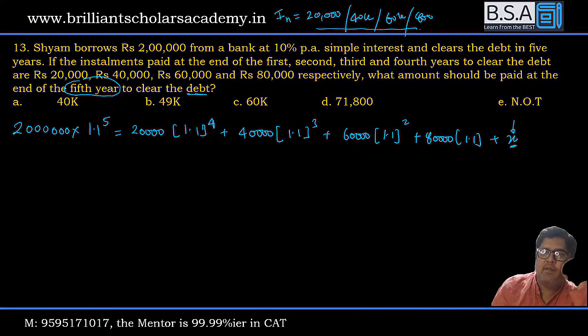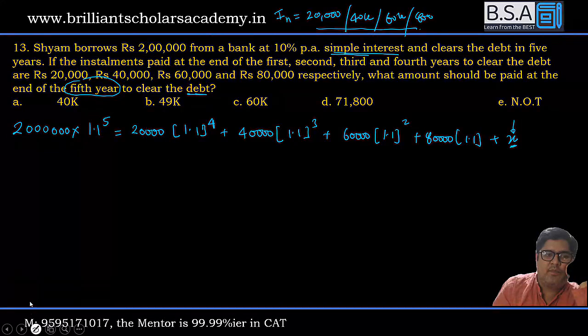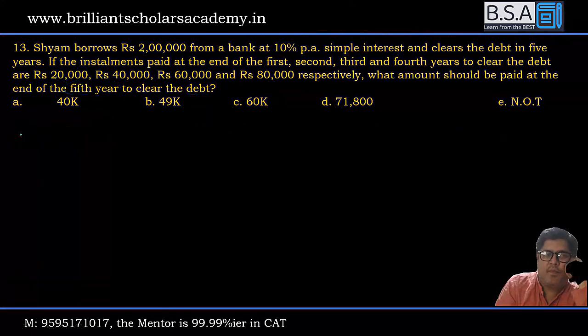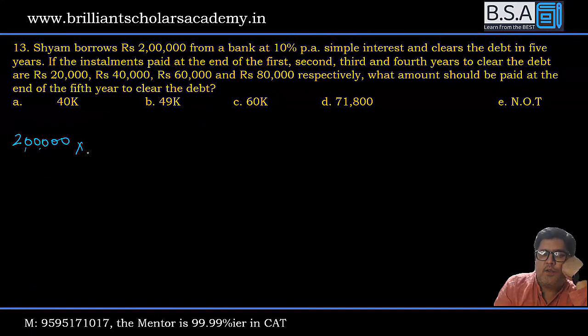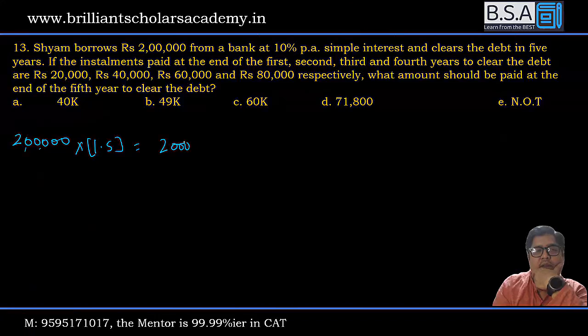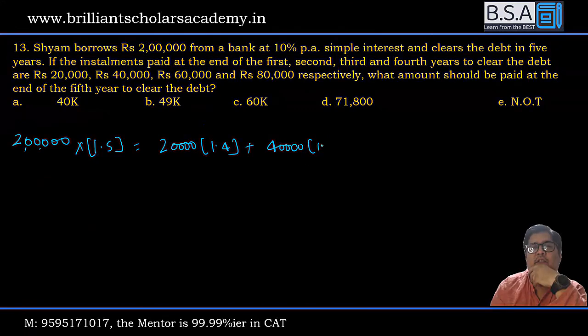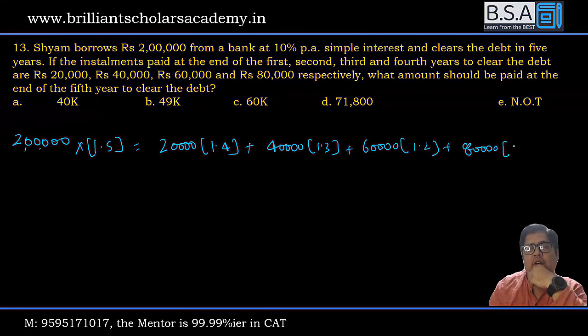We wrote SI, it is simple interest. So 10%, 10%, 5 times, so 1.5. 20,000 interest for 4 years, 40%. 40,000 interest for how many years? 3 years. 60,000 interest for 2 years. 80,000 interest for 1 year.